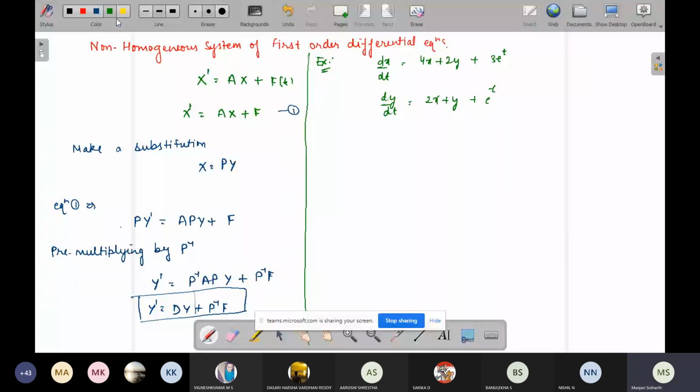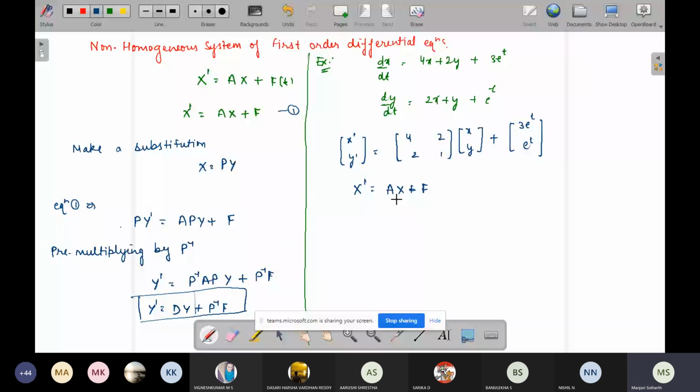First we'll write the corresponding matrix form: x dash, y dash equals the matrix 4, 2, 2, 1 times x, y, plus 3e power t and e power t. That means x dash is equal to Ax plus F form, a non-homogeneous system of first order differential equations.